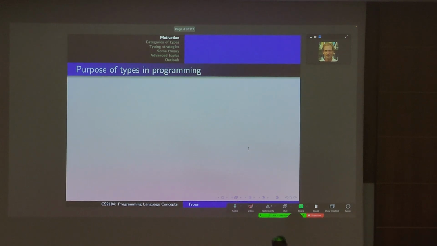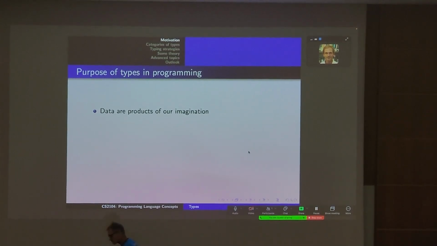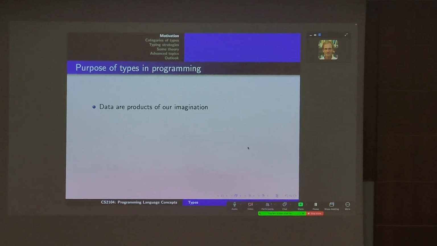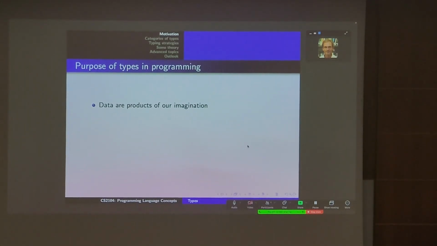So motivation. What is the purpose of types in programming? Now, when you look at computers, the actual processing unit in our computers has very little information about what kind of data they are treating.